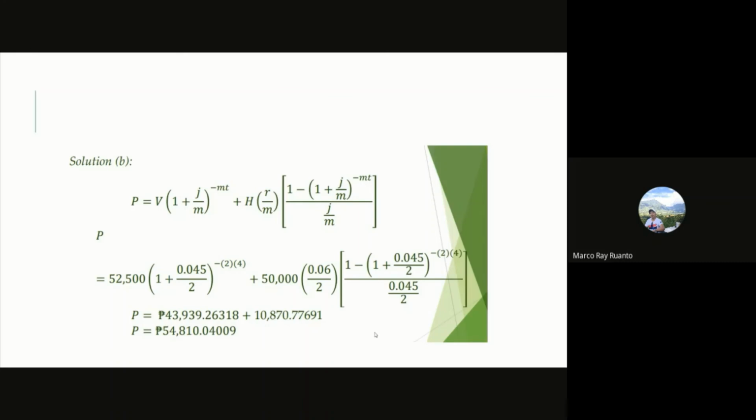If you compute all of those, you will have the price that you will invest. But your earnings are fixed based on the monthly interest.